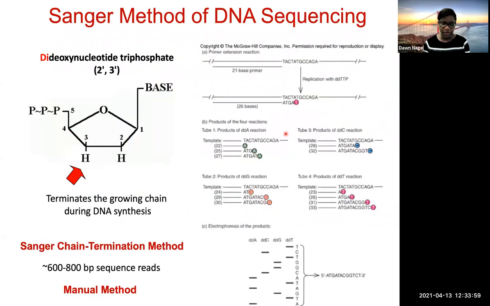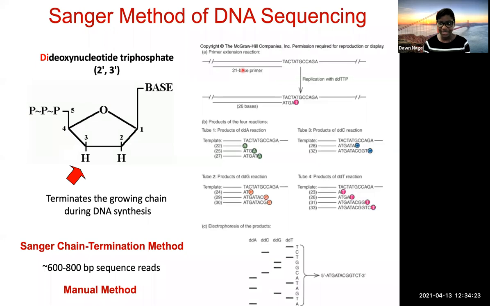And to be able to do this, you will do a very similar PCR reaction as we discussed previously. You have your template strand, you have a primer, right? So you need a primer always, so you tell the polymerase where to start. And you start adding nucleotides at the end of that primer.